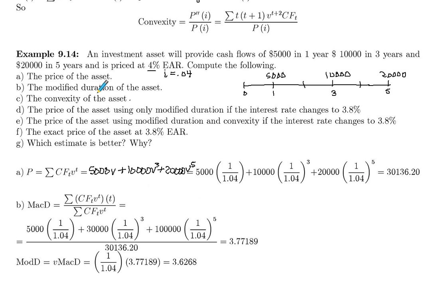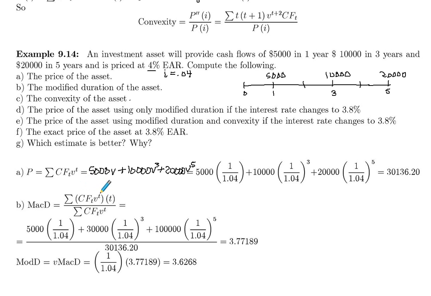Now let's find the modified duration of the asset. Well, first we have to find the Macaulay duration. Remember that the Macaulay duration is the sum of the present values of the cash flows weighted by the time of each cash flow, divided by the sum of the present values of the cash flows.